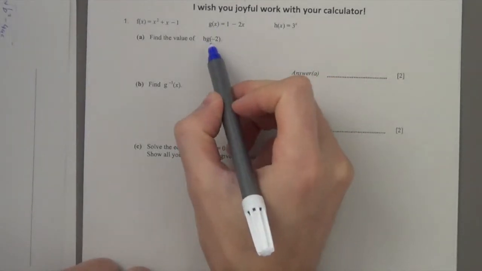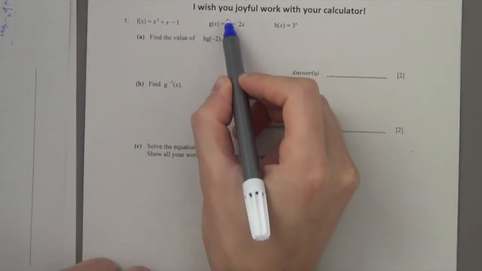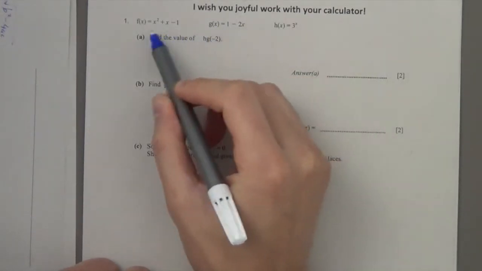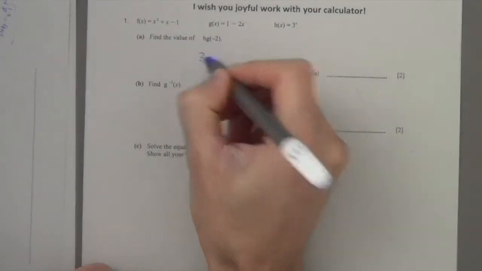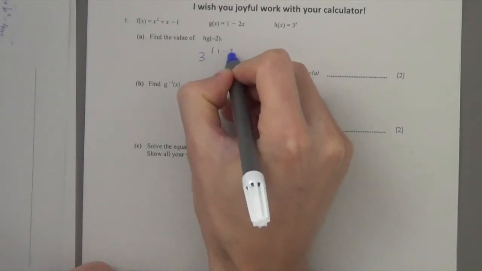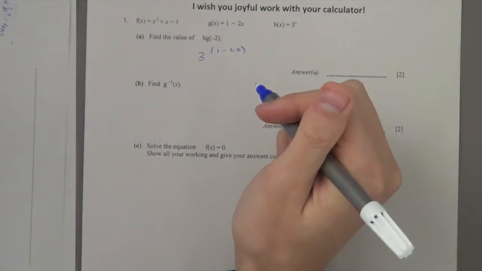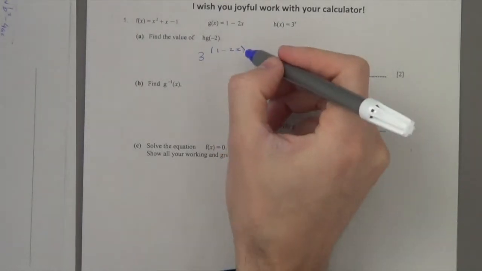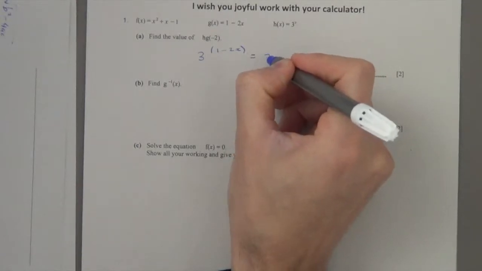Function g of x is this. I'm going to substitute 1 minus 2x into the function h of x. So that means 3 to the power of 1 minus 2x. Okay? That's going to be my answer. And basically, I now need to substitute minus 2 into that.